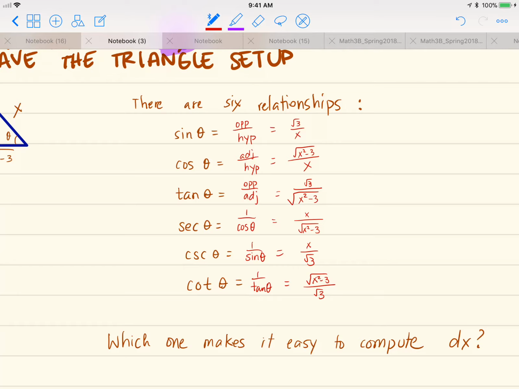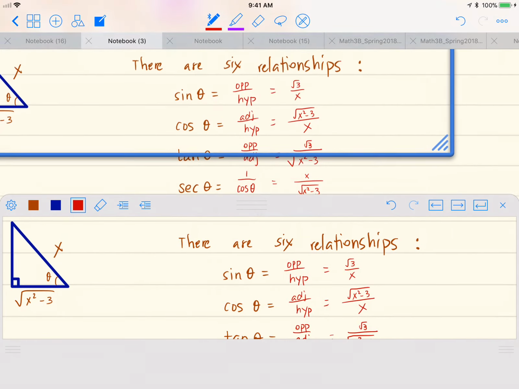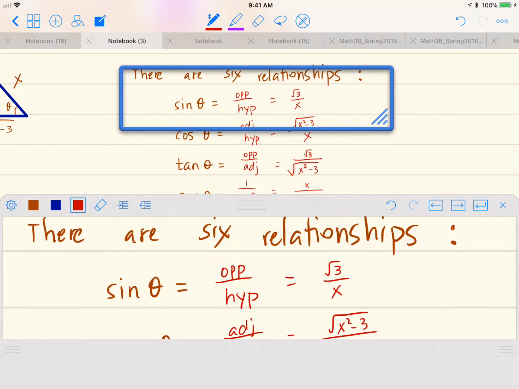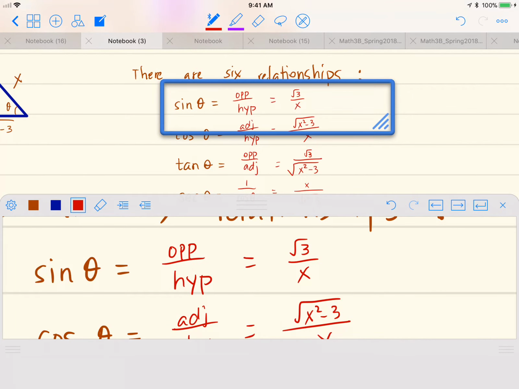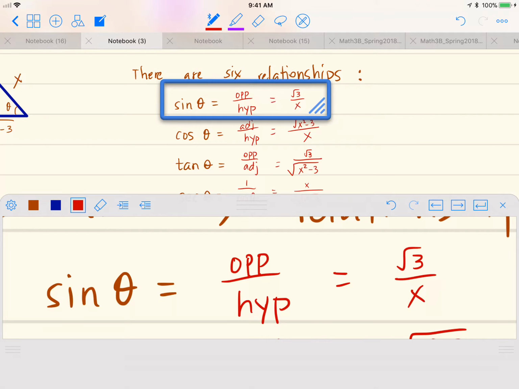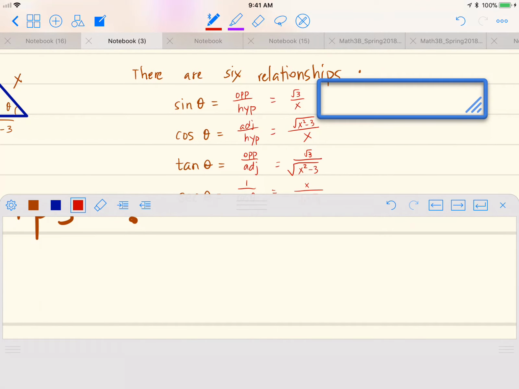So let's look at this first relationship, which is sine theta equals root 3 over x. Let's rewrite that over here in a different color: sine theta equals root 3 over x.